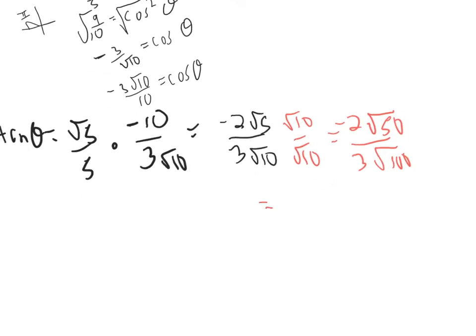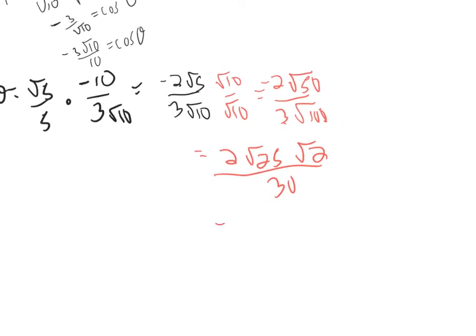So that's 2 square roots of 25 times square root of 2 over 3 times 10, which is 30. That's a 5 right here. That's 2, that's 10. 10 square roots of 2 over 30. Square root of 2 over 3.